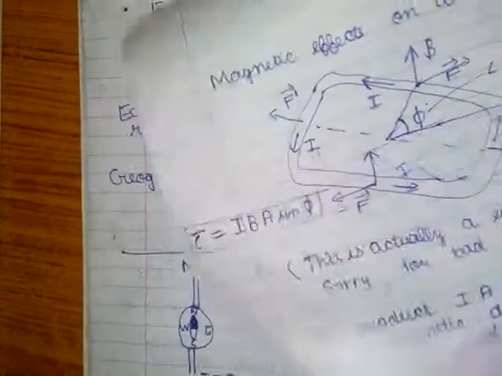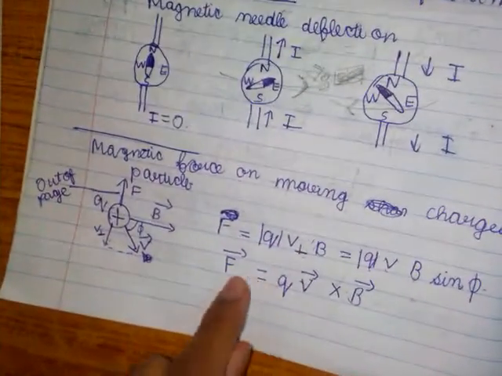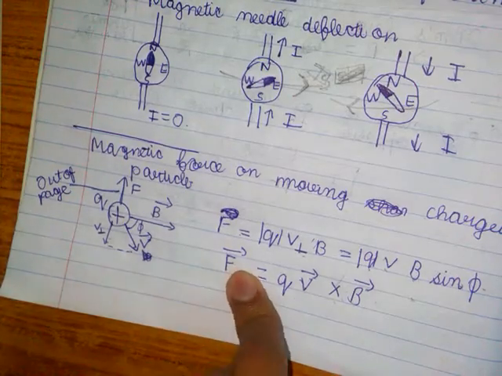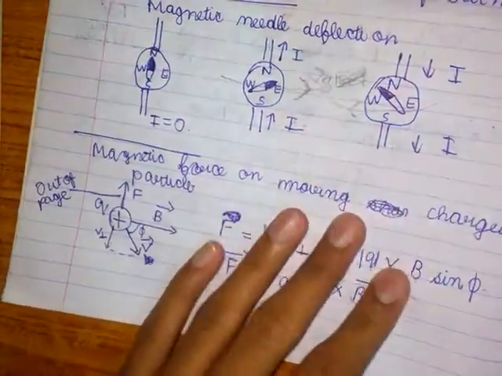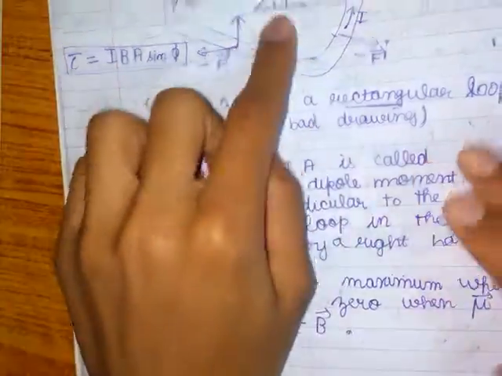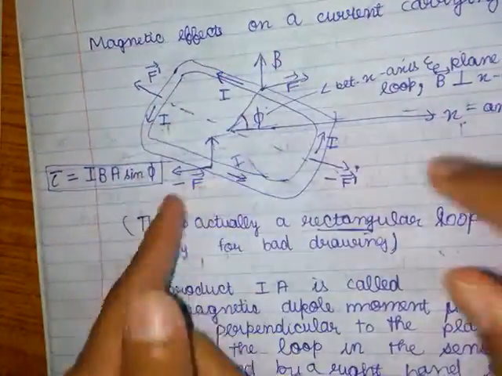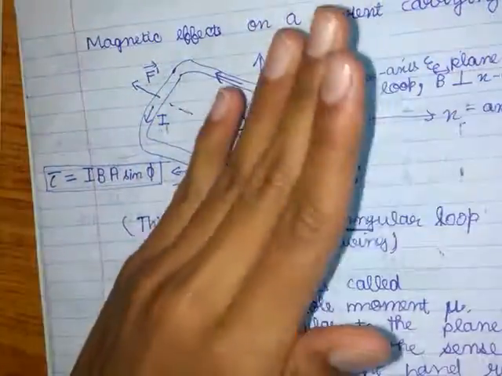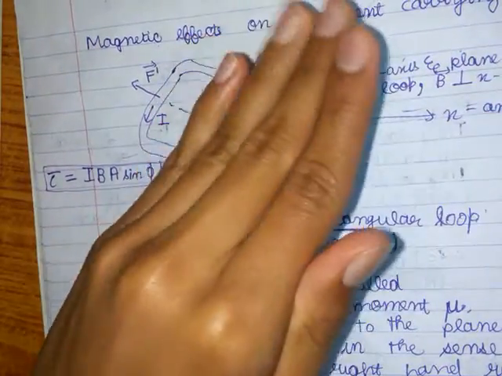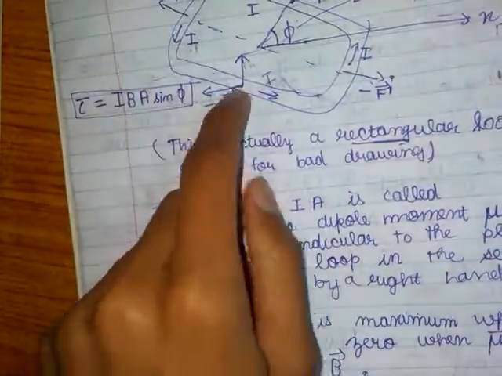So by this formula we have the direction of force as V cross B. V points here, and B points upward outside. As you can see, when I curl my finger in the direction of B, F points there, so this force tends to rotate the coil like this.